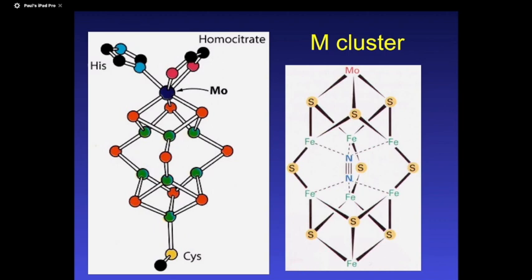The M cluster actually is kind of interesting, okay? If you look at this side, this comes up towards us. This is a sulfur here, and this is the iron. So from this side, the iron is up. From the back side, it's kind of open. So this is that same cluster flipped over.